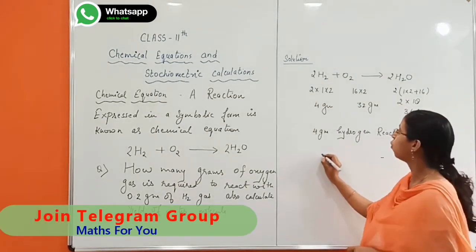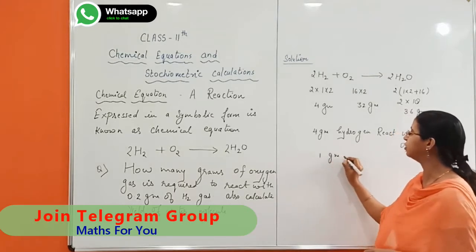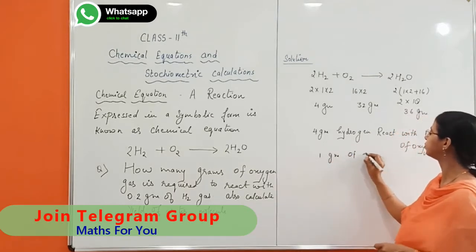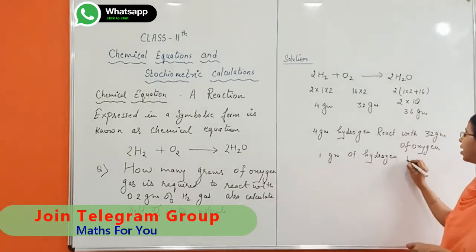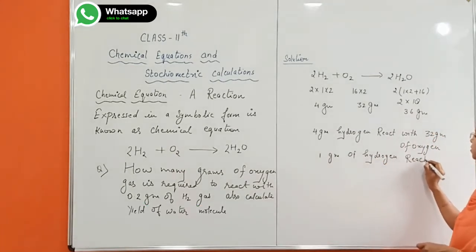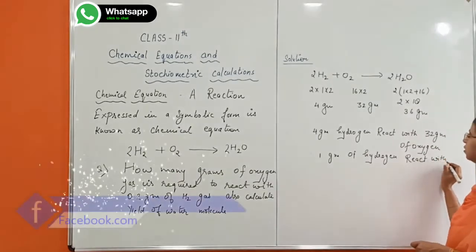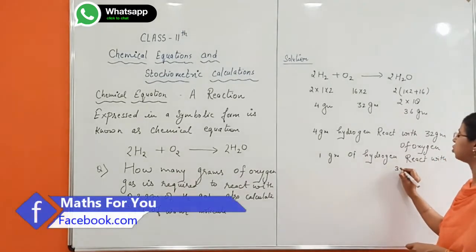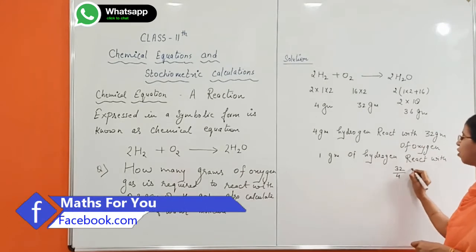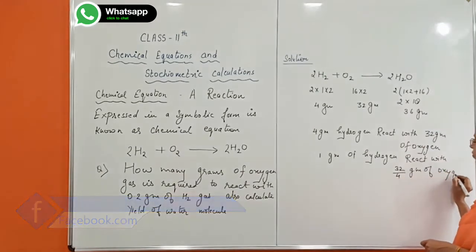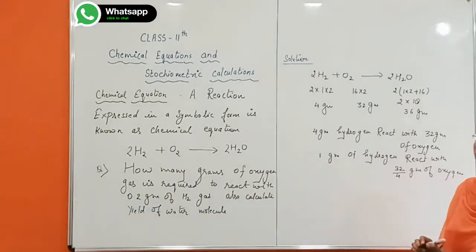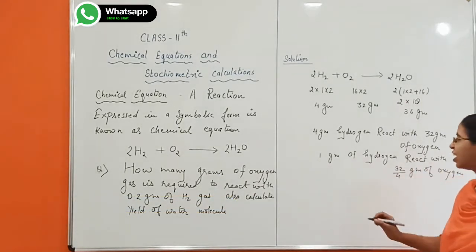So 1 gram of hydrogen reacts with 32 by 4 gram of oxygen. Then what is the amount given here? 0.2 gram of hydrogen.